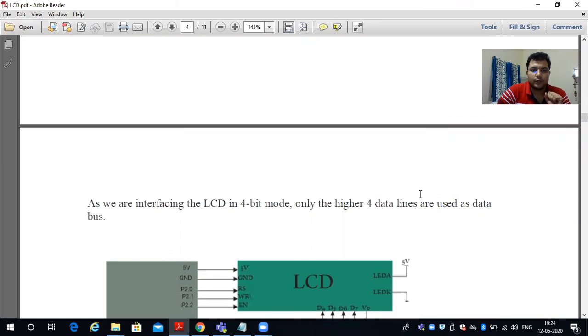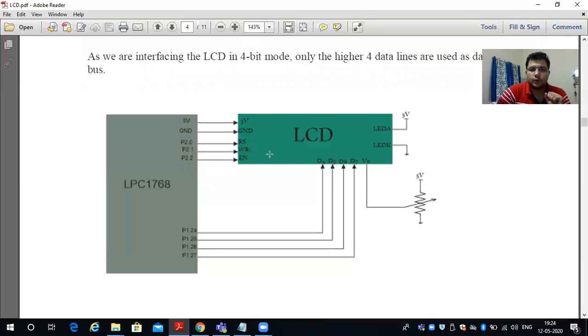So here is our LCD. Here you can see the LCD. We will operate in 4-bit mode. So that's why D7, D6, D5, and D4 are going to be used as data lines.